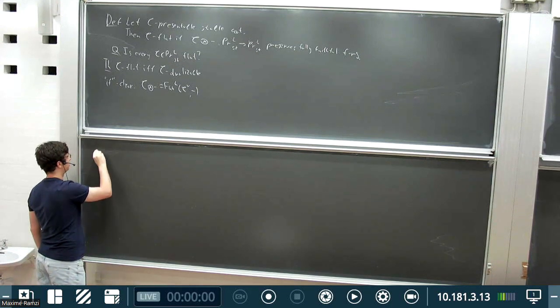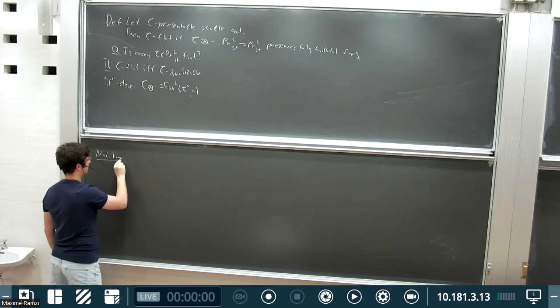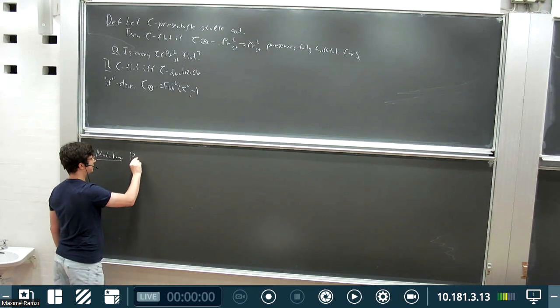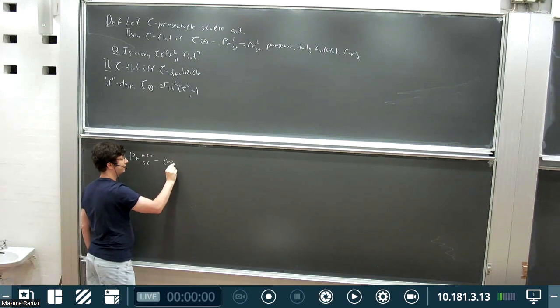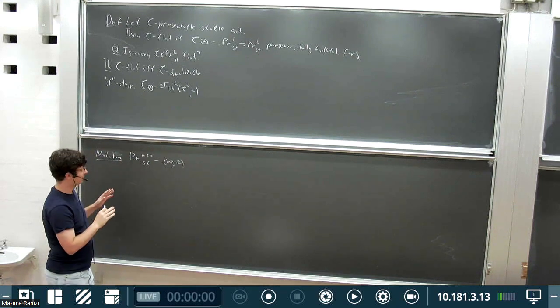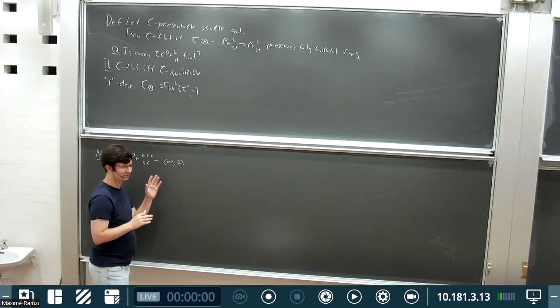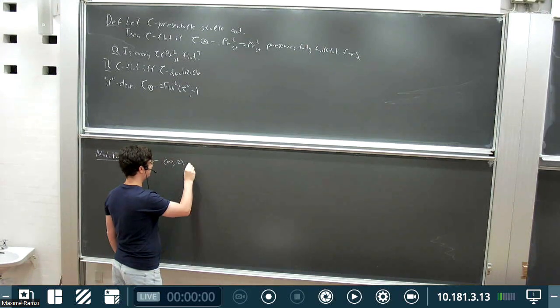First, notation. Let's denote by Pr^L accessible stable. So this will be an infinity two category. Actually, this will be the only time when I will mention infinity two categories. Most of the time we'll be talking about infinity one categories, but here infinity two categories.